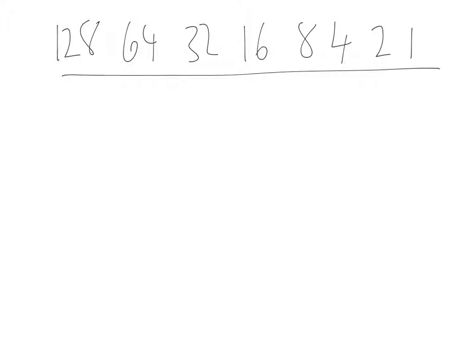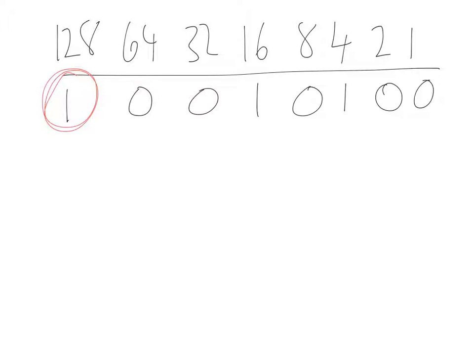So, a signed bit number. The very first thing that we have to do is investigate the most significant bit. What that most significant bit tells us is that this number is a negative number because it's a 1.